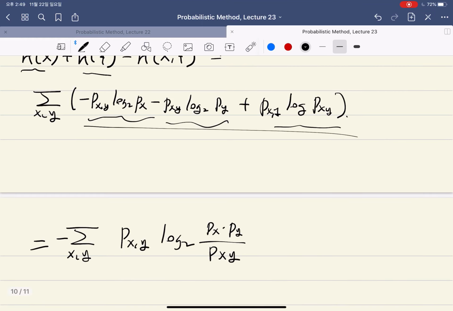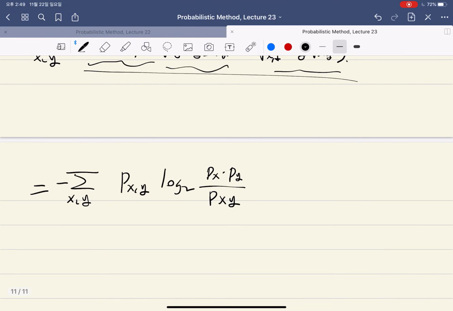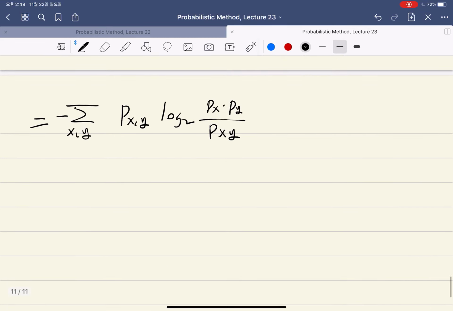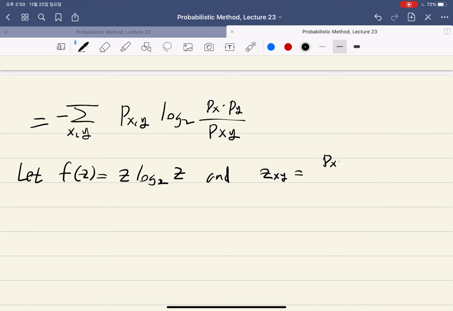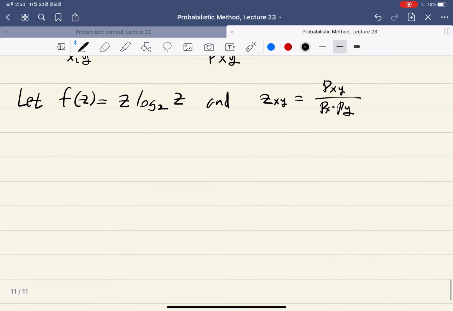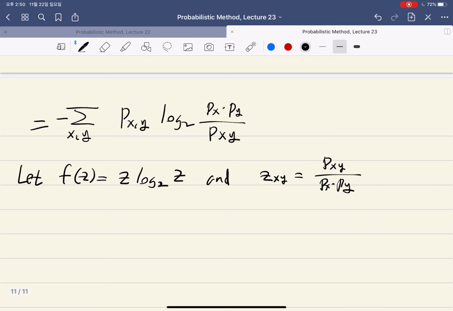Is it correct? Okay. This is a simple property of log. Now let f of g be g times log base 2 of g, and let's write gxy to be pxy over px times py.